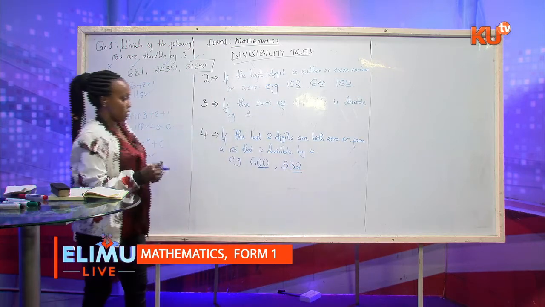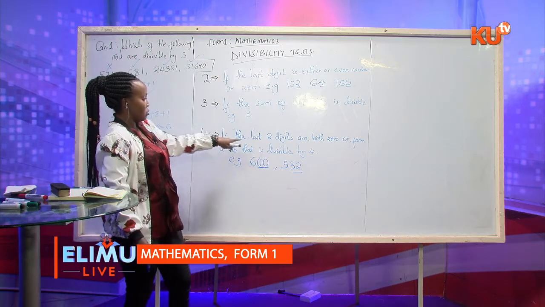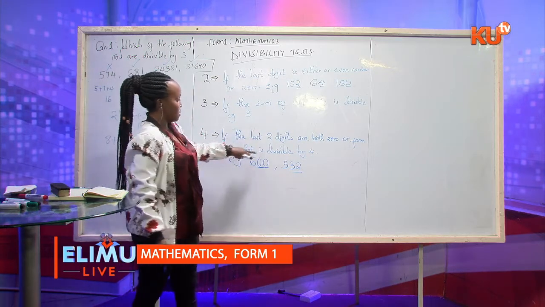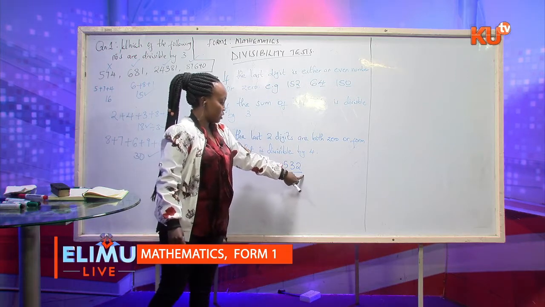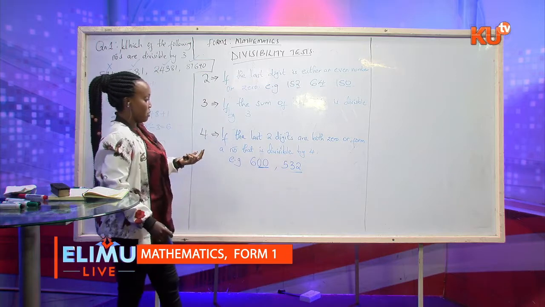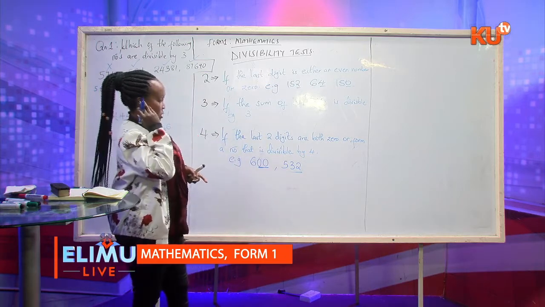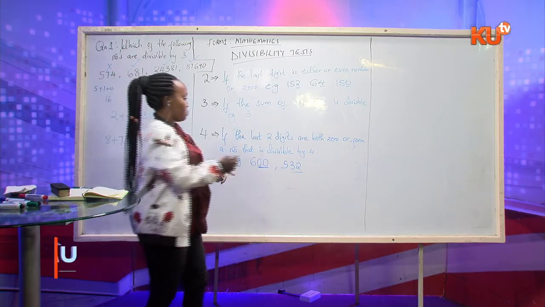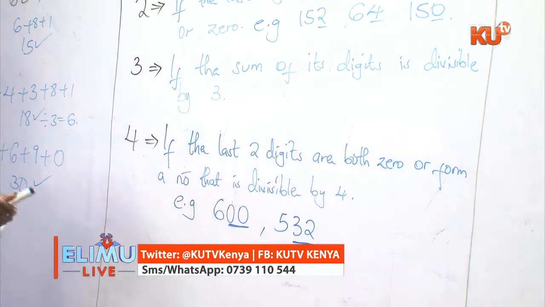The last two digits here are 32. 32 is a number that is divisible by 4 because if we take 32 divided by 4, the answer is 8. So that number is divisible by 4 because its last two digits form a number that is divisible by 4.